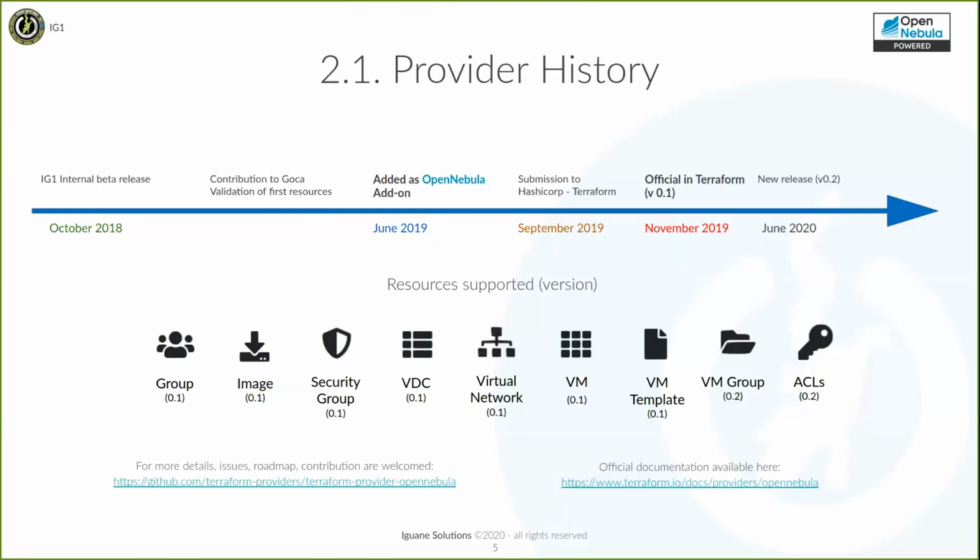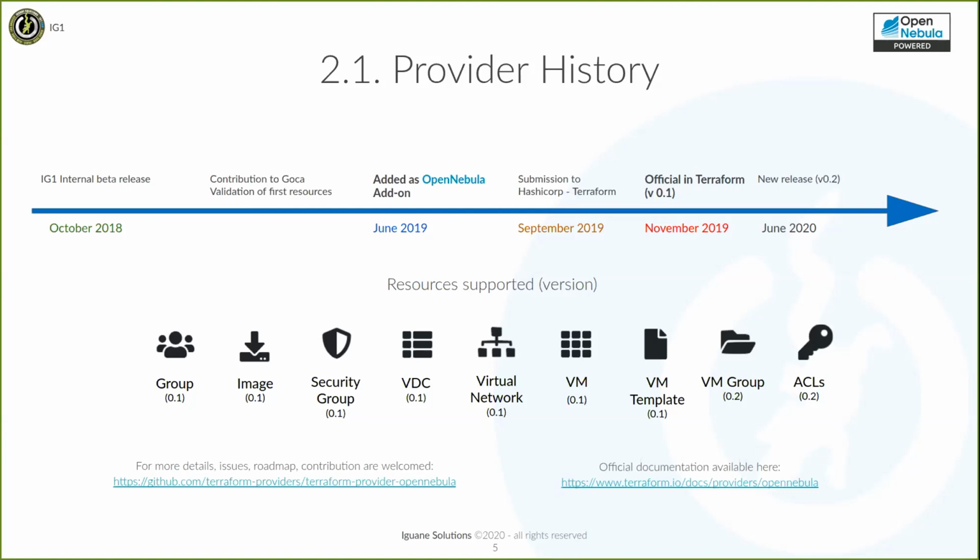So here is a small story of the provider. We started to develop it in October 2018, based on the Golang API provided by OpenNebula. To develop this beta release, we needed to contribute a lot to Goca, which is the short name of the OpenNebula API bindings.